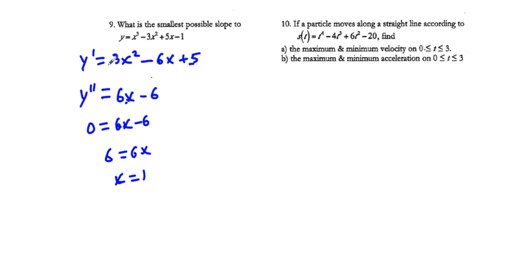But really, on this one, if we set this to 0, the smallest possible slope would be what this function is doing. The cubic one is going like this.